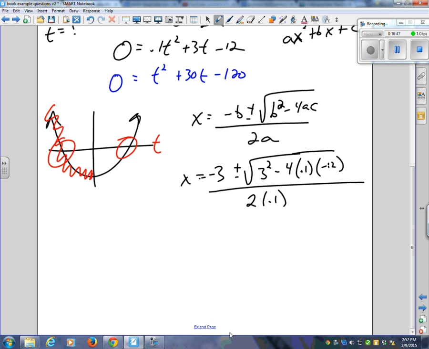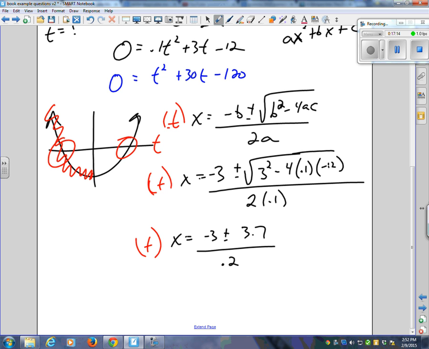So here I've got 3 squared is 9. I'll tell you that it's the square root of 3.7. Wouldn't you want t equals on the outside? Oh, yeah.